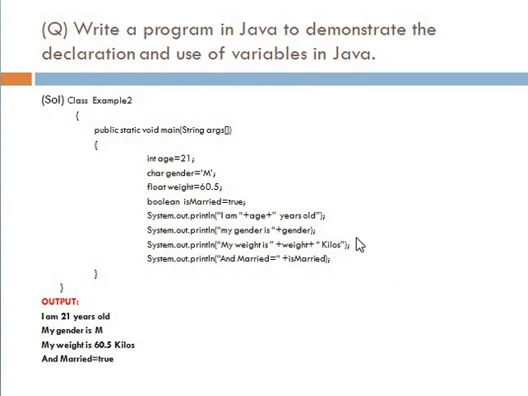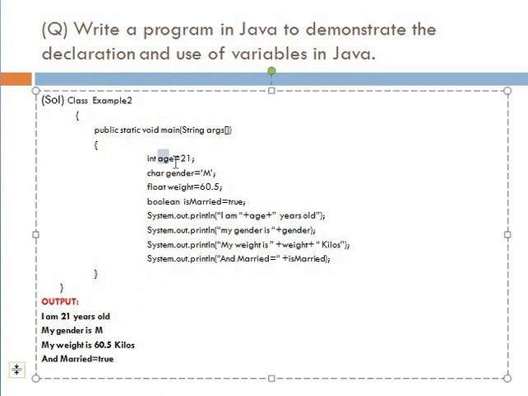But in this program, if you see, age, gender, weight, is married, they are not constants, they are the variables. This is because they are not preceded by the keyword final. See, in each of these statements, in the statement int age equal to 21, this statement is not preceded with the final keyword.